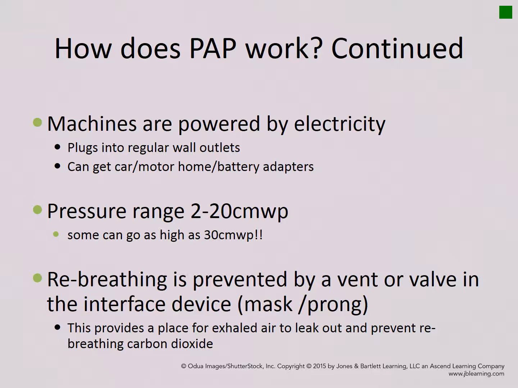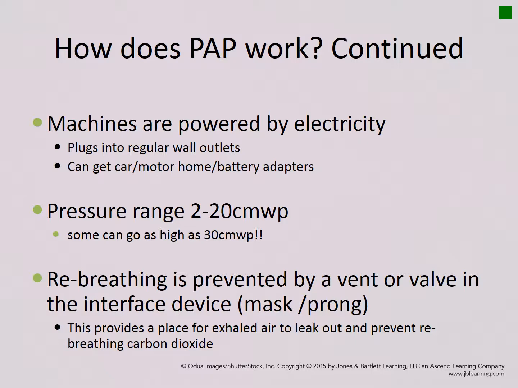But those are pretty rare instances. Rebreathing of a person's own exhaled air is prevented by having a vent or a valve, which is included in the interface device. An interface device is the actual mask or nasal prongs or nasal tubes that connect the device to the patient. There has to be a nice seal.